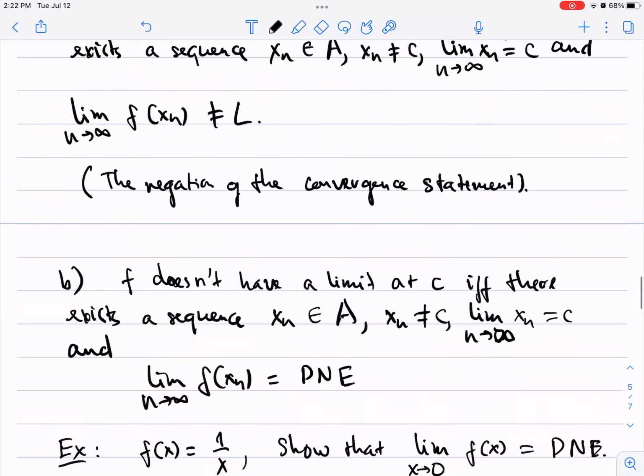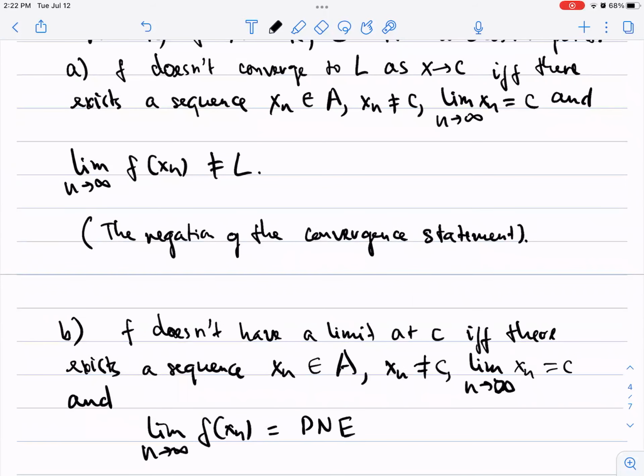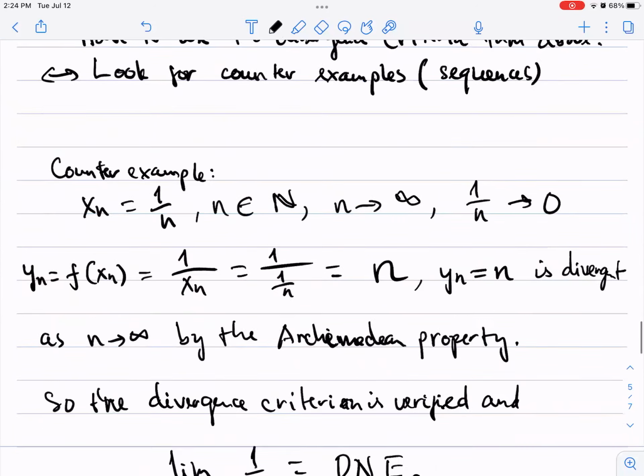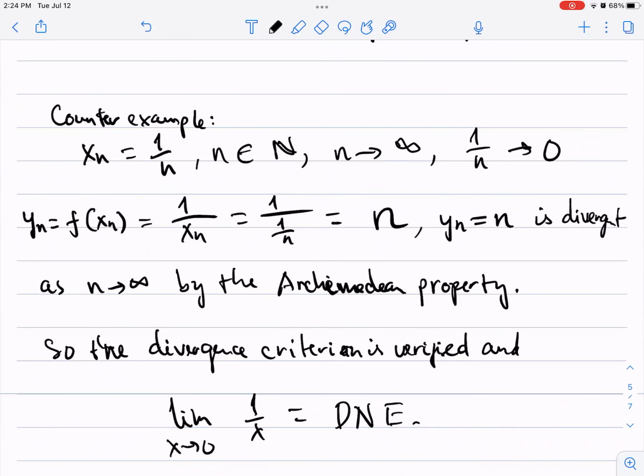When we examine this statement again, we see that a counterexample essentially is a sequence. We want to come up with a sequence that satisfies the condition stated here. In this case, we consider the sequence x_n equal to 1 over n for any natural number n.